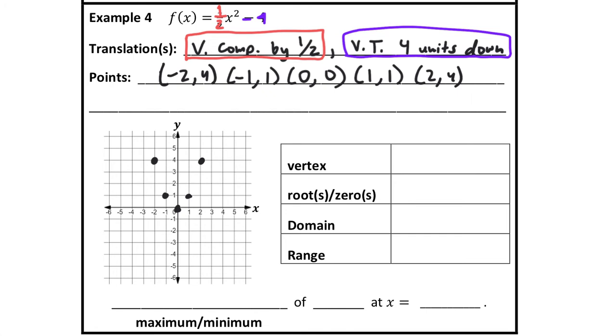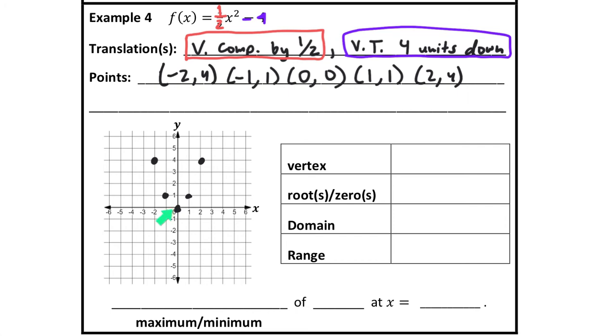Okay, so actually I'm going to move it down. Yeah, let's move it down first. Or actually, I can compress it first.